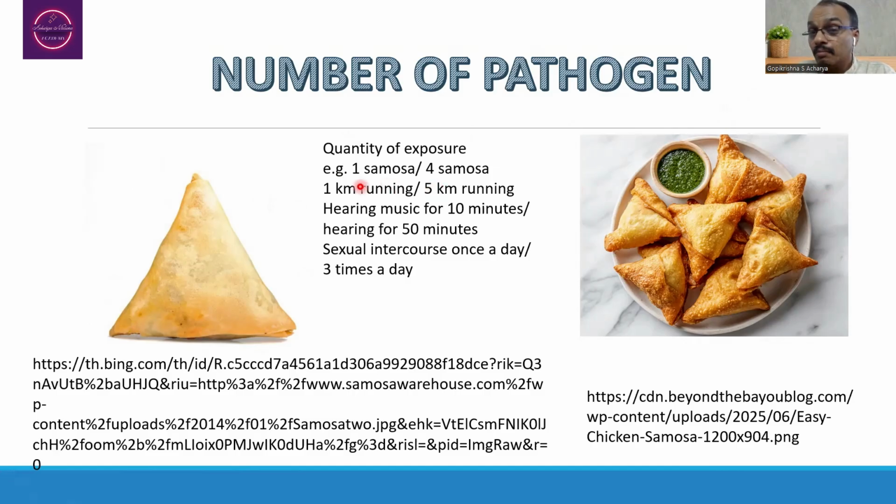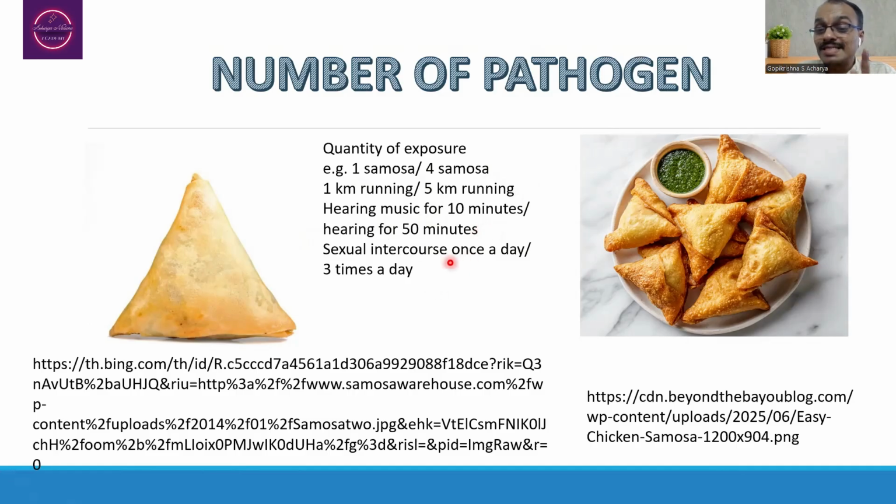1 kilometer of running may lead to vata prakopa, whereas 5 kilometers of running may lead to more vata prakopa. Hearing music for 10 minutes may lead to vata vitiation; hearing music for 50 minutes may lead to more vata prakopa.